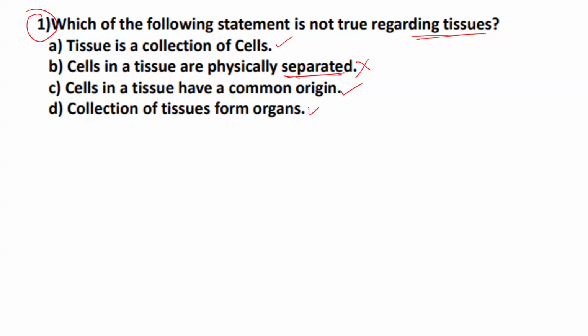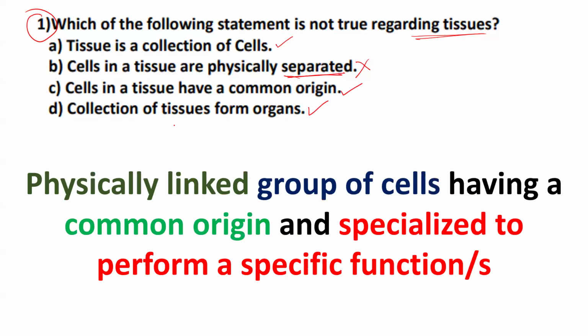Collection of tissues forms organs. Yes. So we know a tissue is a physically linked group of cells having a common origin and specialized to perform a specific function. If these 4 points are there related to tissues, it's 100% correct. I think the first thing we discussed about tissues is the definition. And also we know that tissues join together to form organs.